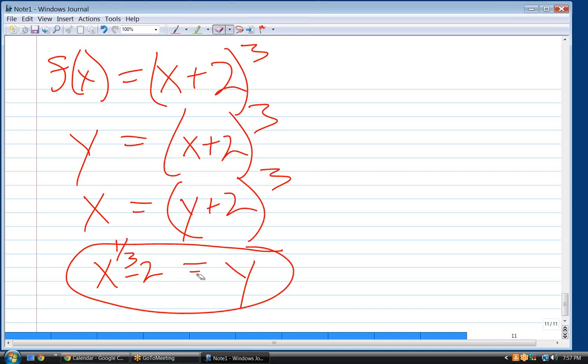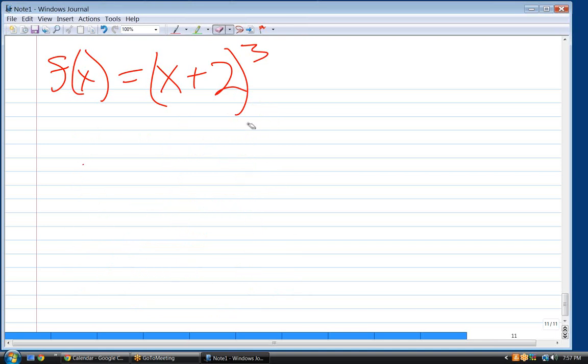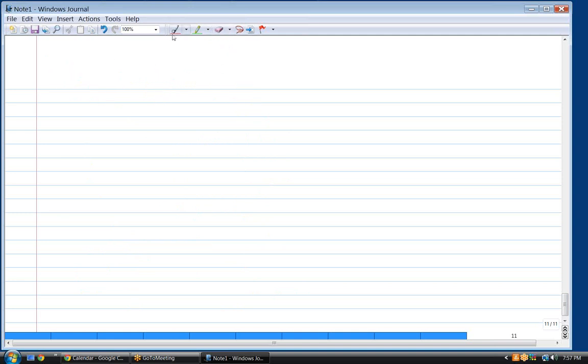Now, simple functions are very straightforward. Switch the variables and solve for y. Tell me if you've had something like this.